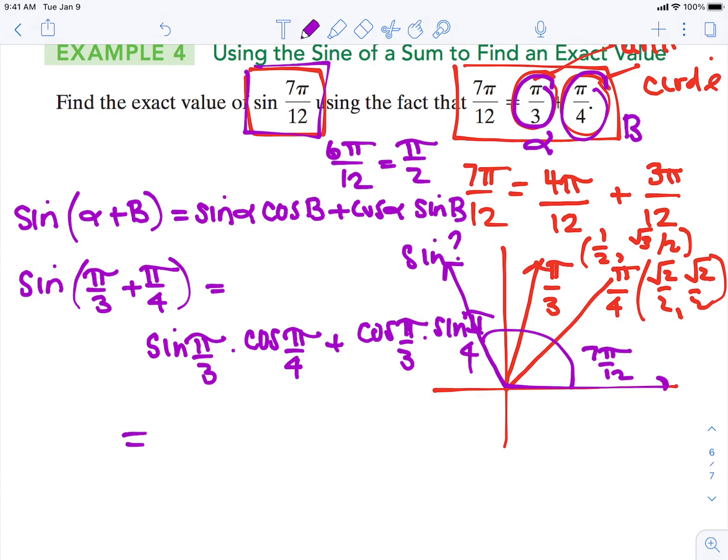Now we substitute in the values. The sine of pi over 3, the sine is your y value, so we get square root of 3 over 2. The cosine of pi over 4 is your x value, and we get the square root of 2 over 2, plus the cosine of pi over 3, the x value, 1/2, and then the sine of pi over 4, your y value.